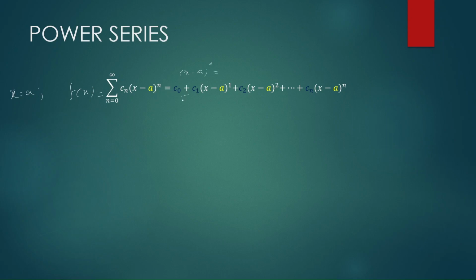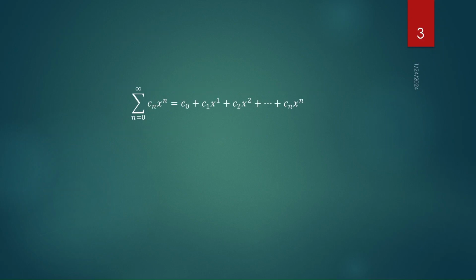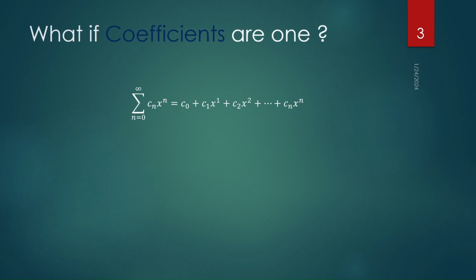The terms c1, c2, c3 are called the coefficients of this power series, and a is called the center. For example, let's have a series with center 0, and what if all the coefficients are 1? Then the series can be written as f(x) equals 1 plus x plus x squared plus x cubed plus dot dot dot x to the power n.